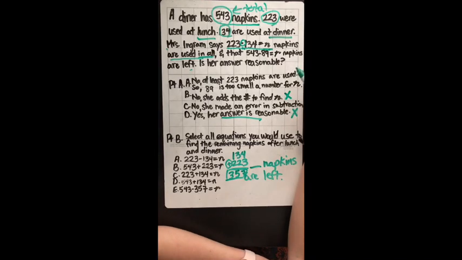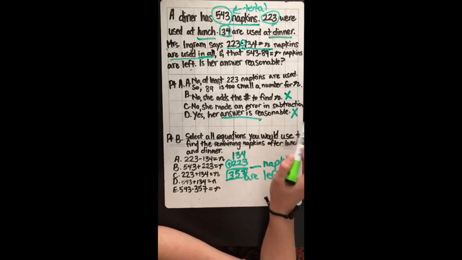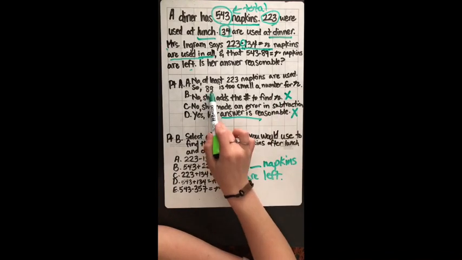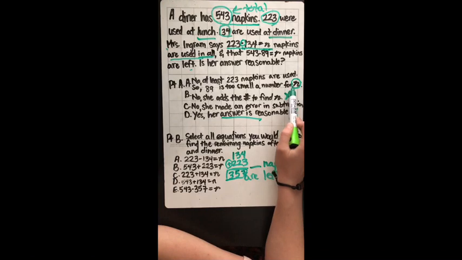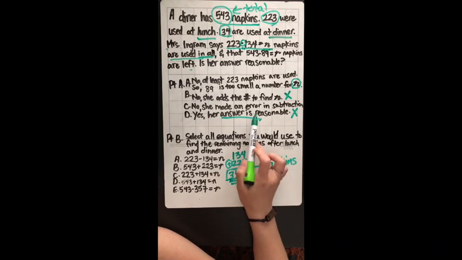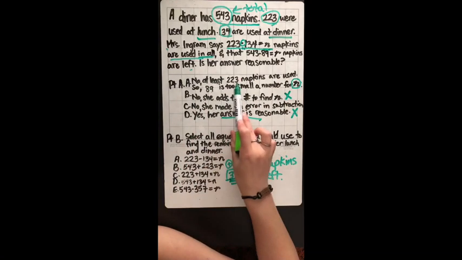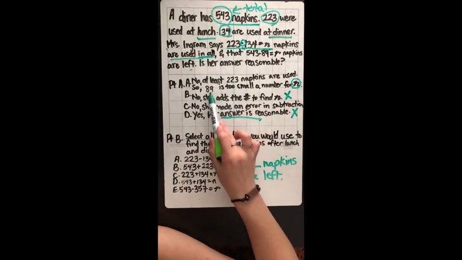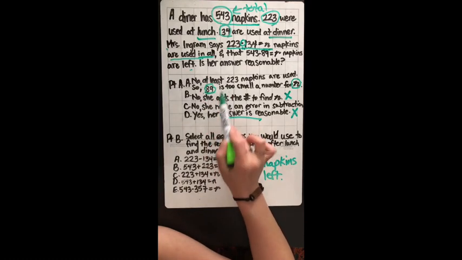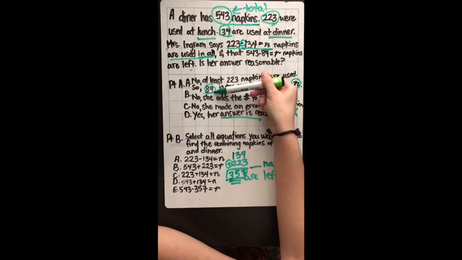So for part A, I need to figure out: did Mrs. Ingram make an error in subtraction, or did she choose too small of a number for n? When I solved for n, we found the answer 357. So was her problem an error in subtraction, or was it that the 89 is too small? Hopefully you recognize that 89 is too small.